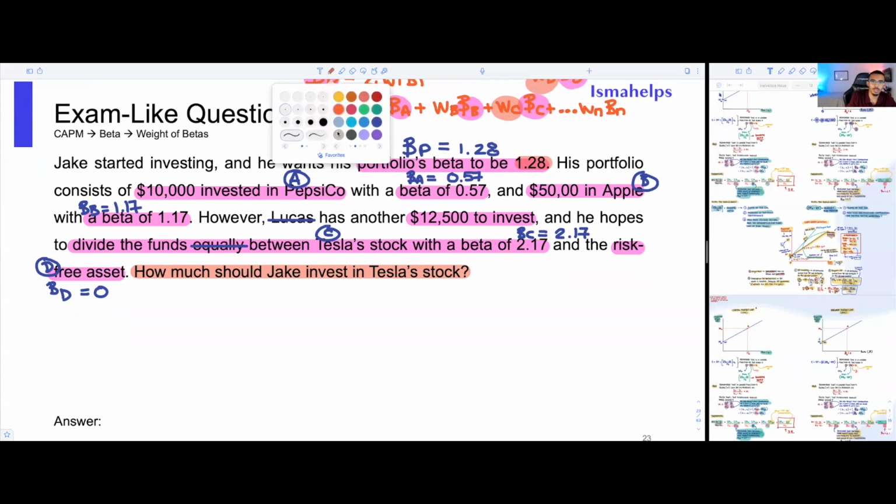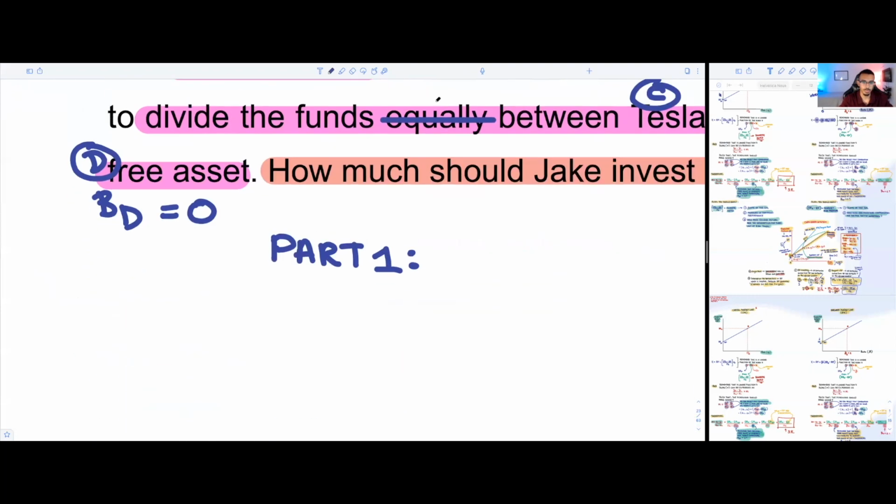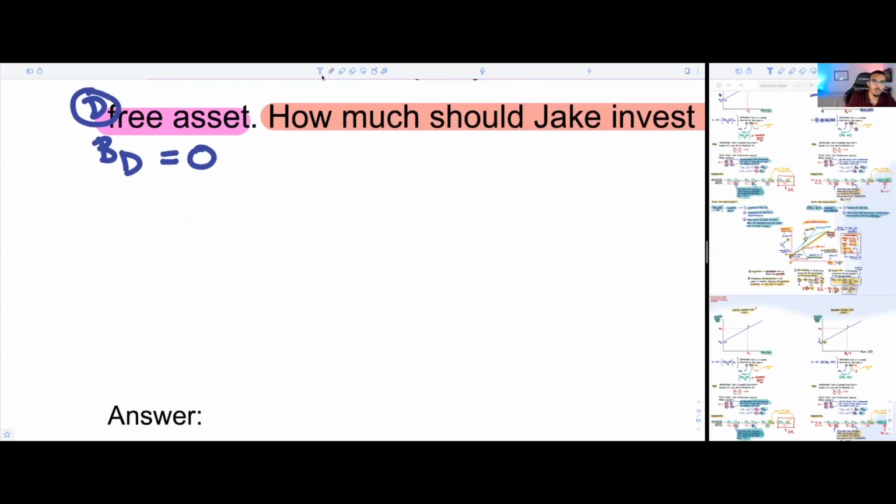So part one would be to find the weights.